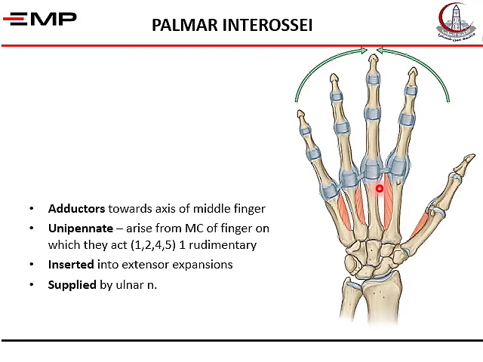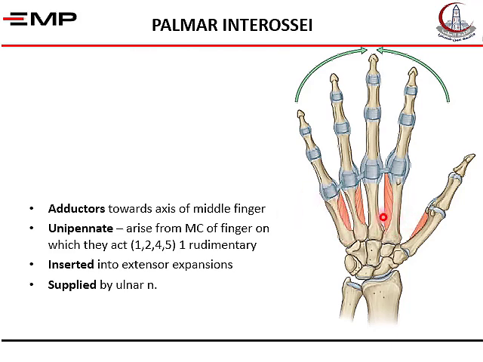The second arises from this metacarpal bone because they are unipinnate. Each arises from one metacarpal bone: the second from the second metacarpal, the third from the fourth metacarpal, and the fifth from the fifth metacarpal.